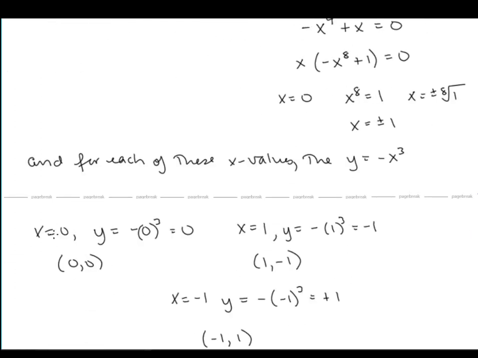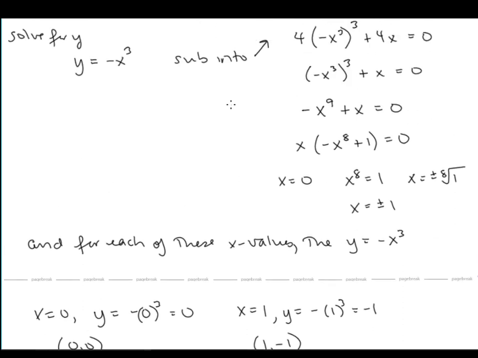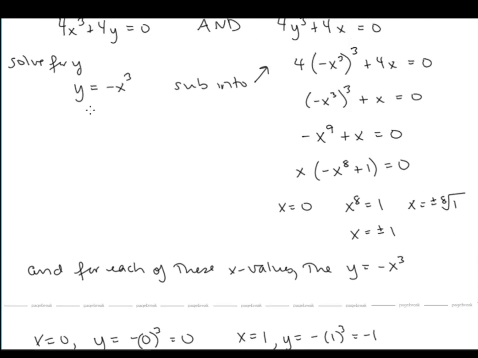When x is equal to 0, the y value is going to be 0. When x is equal to 1, the y value is going to be negative 1. And when x is equal to negative 1, the y value is going to be positive 1. For each of these x values, y is equal to negative x to the third because that's the relationship we have between the two.